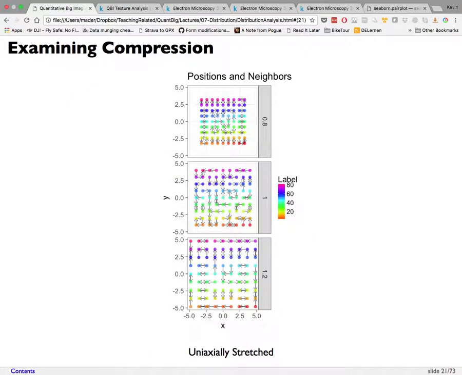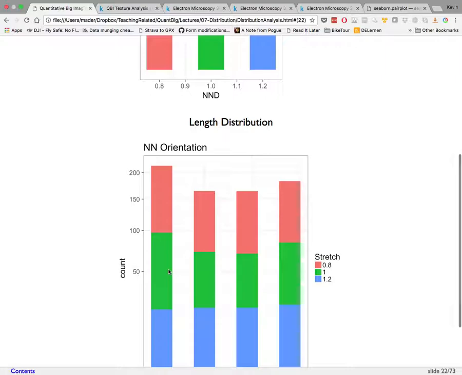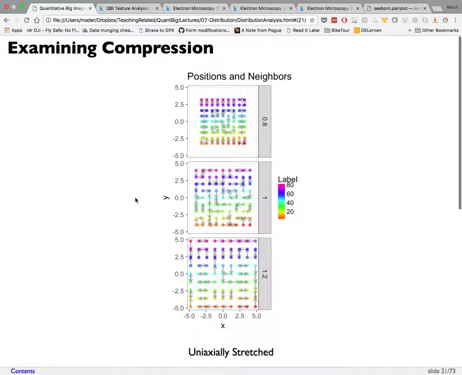So that we see here, if you had a sample where you measured 0.8 and you had a sample where you measured 1.2, and you saw that the orientation of the nearest neighbors was the same, and the only thing that changed was the distance, that probably means there was some kind of compression going on in your sample.